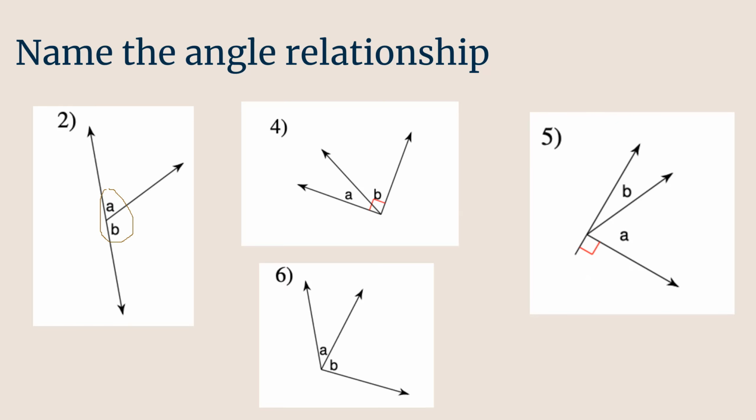And for these two angles, they add up to 90 degrees, which means they are complementary angles. And for these two angles, surely they don't add up to 90 or 180 degrees, so they are adjacent angles.